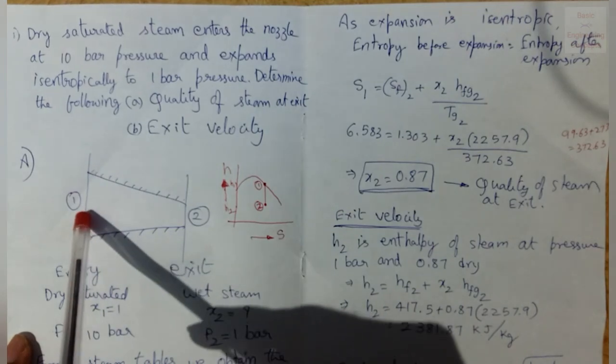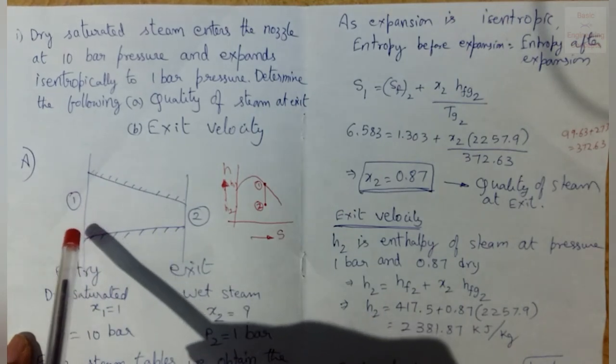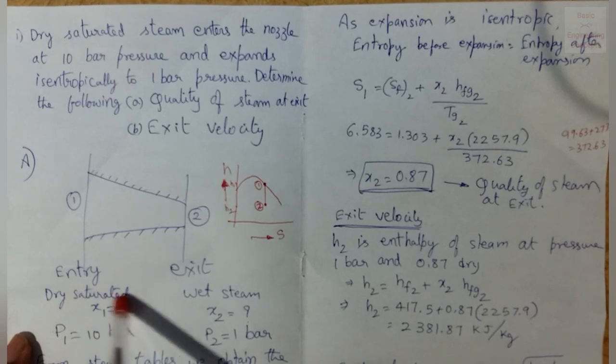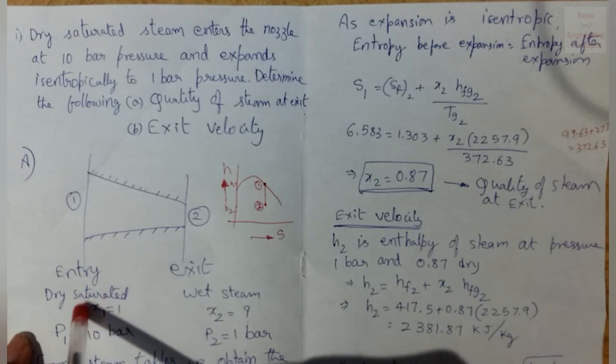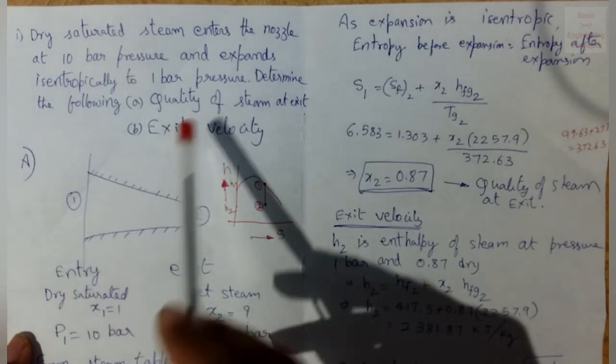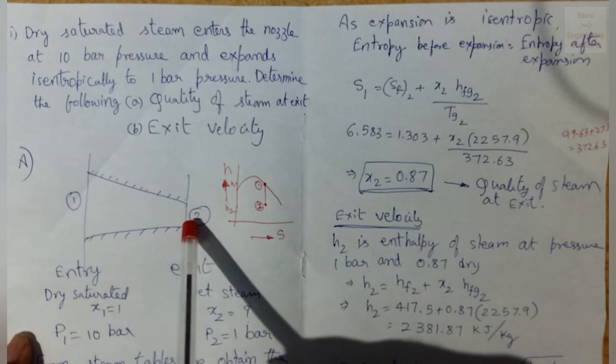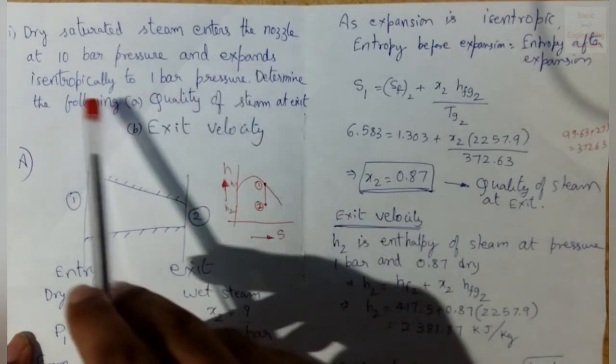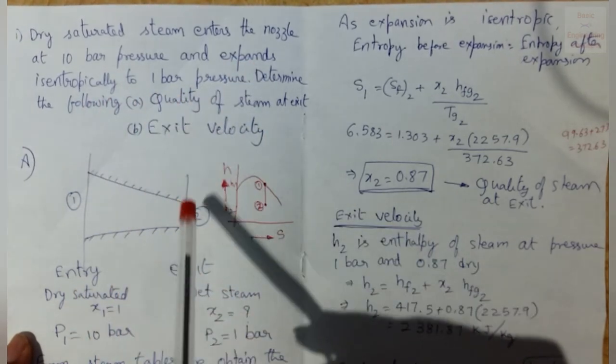So the condition of the steam when it enters the nozzle is dry saturated and pressure is 10 bar. Dry saturated means dryness fraction is 1, and after passing through the nozzle it expands isentropically to 1 bar pressure.